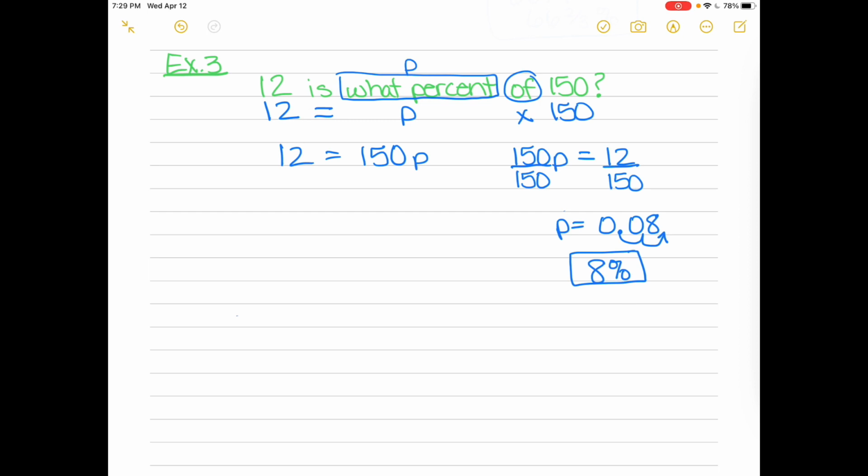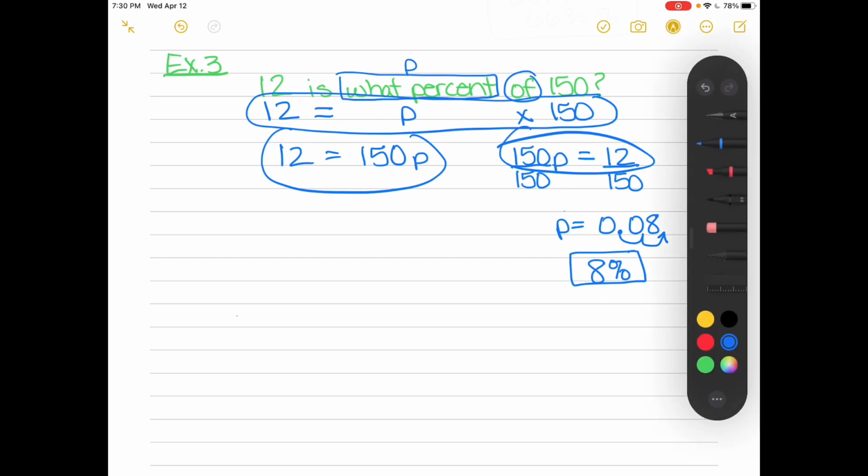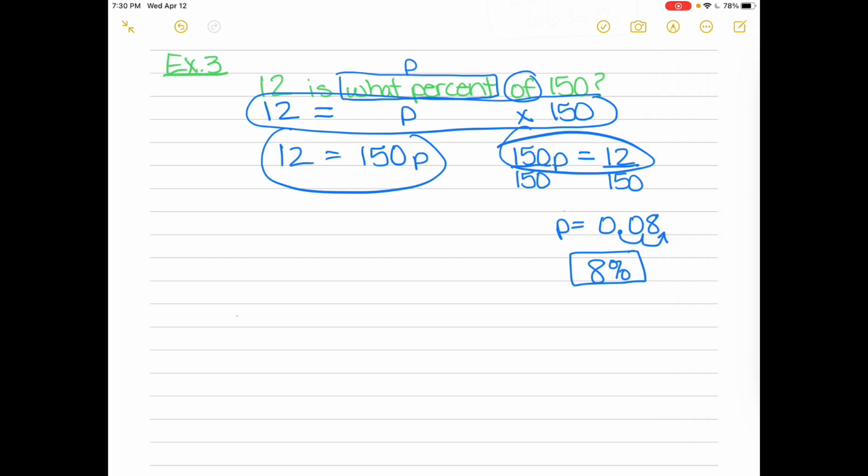Okay, so now the next one you're going to do on your own. I want you to write an equation just like I did, following the words. And then you should be able to change it into something that looks more like this or this, and then solve it. So I'm going to write the problem down, and you are going to write it down and then hit pause.